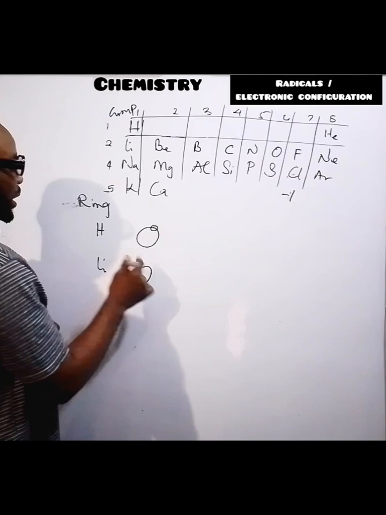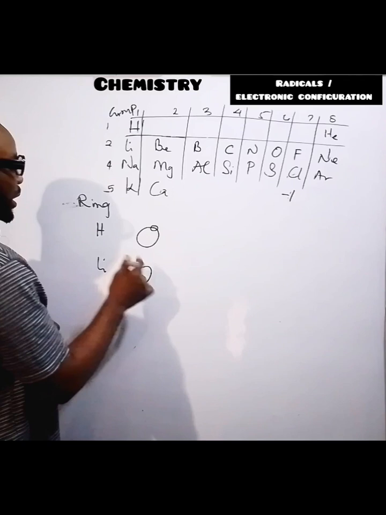When you say outermost shell, you are talking about the last shell on the outside, and it is the same as the number of the group that each of these elements belongs to. Another thing you need to know is this: look at the period. By the time you draw the electronic configuration of all these elements, you will discover that all the elements in each period have the same number of rings.